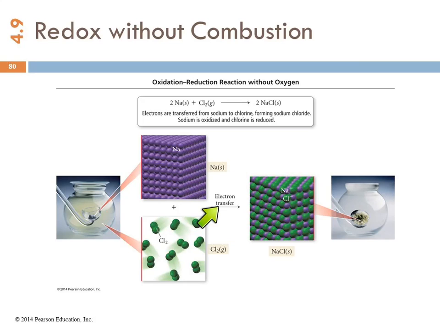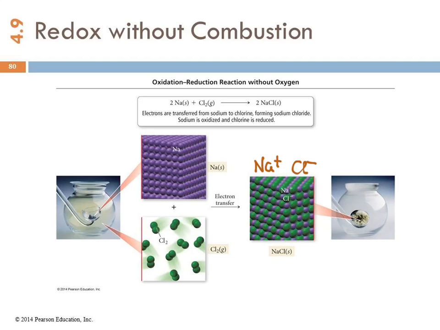It's a little more obvious for this type of reaction that electron transfer has occurred, because sodium chloride is an ionic compound, right? We've got sodium ions, and we have chloride ions. And over here we had a sodium atom. How does a sodium atom become a sodium ion?